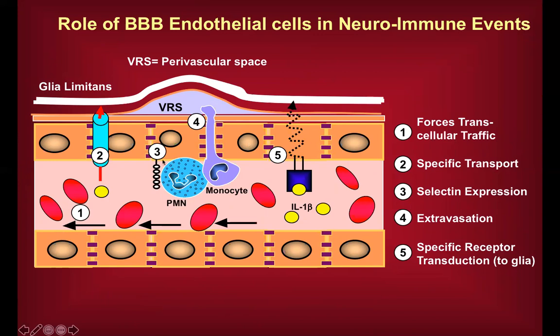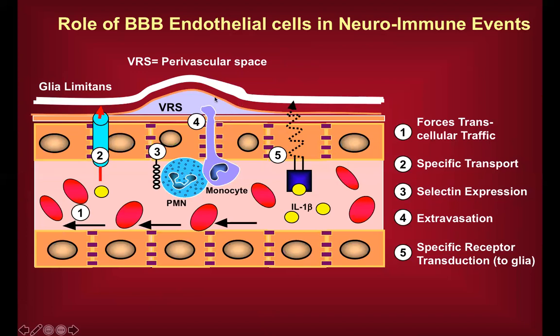Number 2 is a proposed cytokine transporter that would transport a cytokine like IL-1 across. And number 3 is the selectin expression. This slows the speed of white blood cells through the blood, and eventually you get this tight adherence. This would be the step you need prior to a cell getting into the brain.